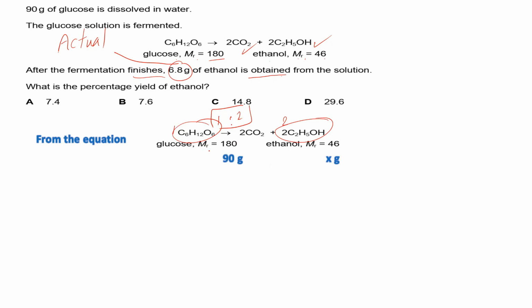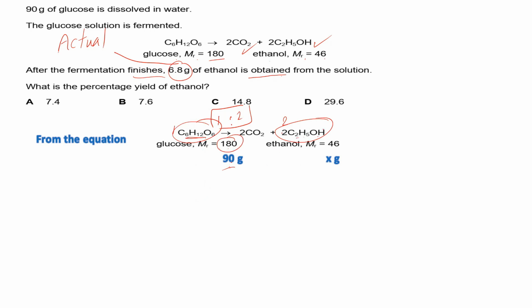We did not use up 180 gram, only 90 gram. This actual used mass of glucose is expressed by half a mole of glucose used. So we obtain 1 mole of ethanol. Why? Because if we use a complete 1 mole of glucose, we obtain 2 moles of ethanol.